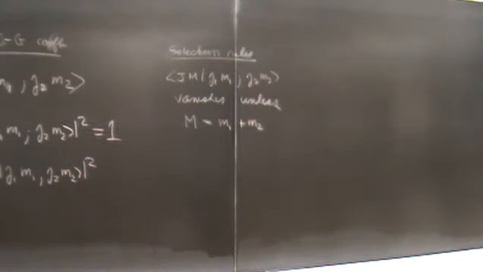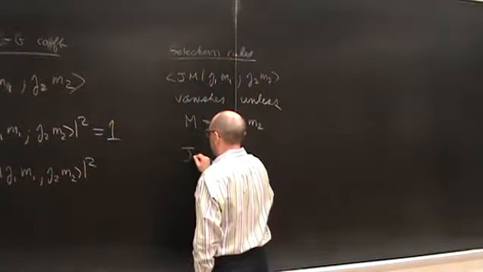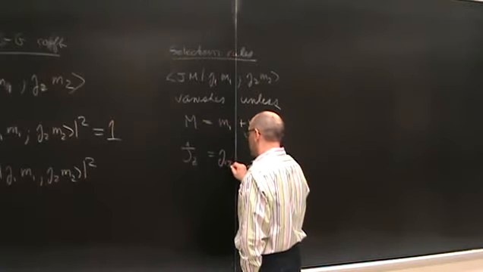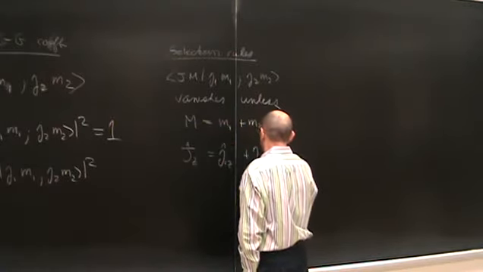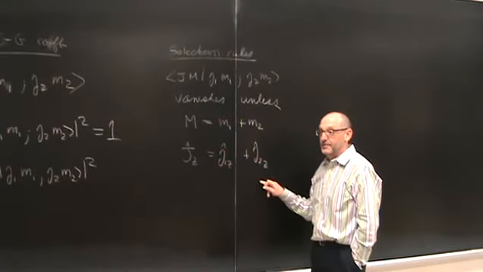Thoughts? What is M? What does it mean? It's the eigenvalue of the JZ, the total JZ, right? So JZ, of course, is the sum of the JZs on the two spins, right?